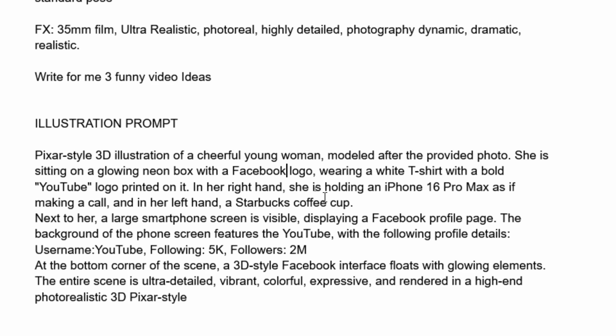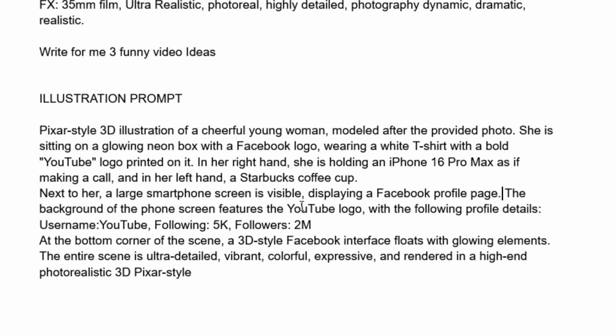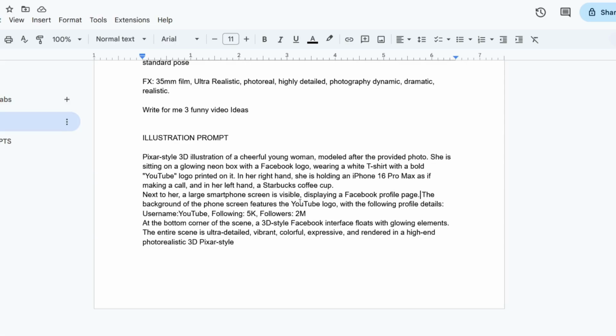And in her left hand, a Starbucks coffee cup. Next to her, a large smartphone screen is visible, displaying a Facebook profile page. The background of the phone screen features the YouTube logo with the following profile details. At the bottom corner of the screen, a 3D style Facebook interface floats with glowing elements. The entire scene is ultra detailed, vibrant, colorful, expressive, and rendered in a high-end photorealistic 3D pixel style. So this contains all the details that we want.